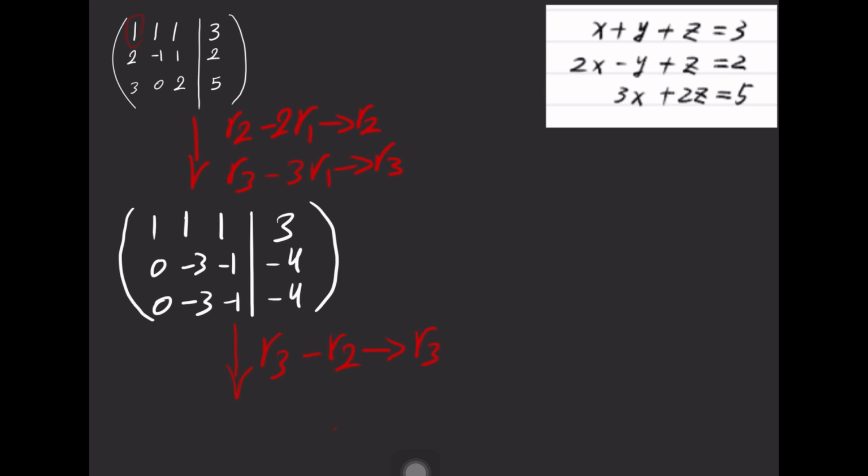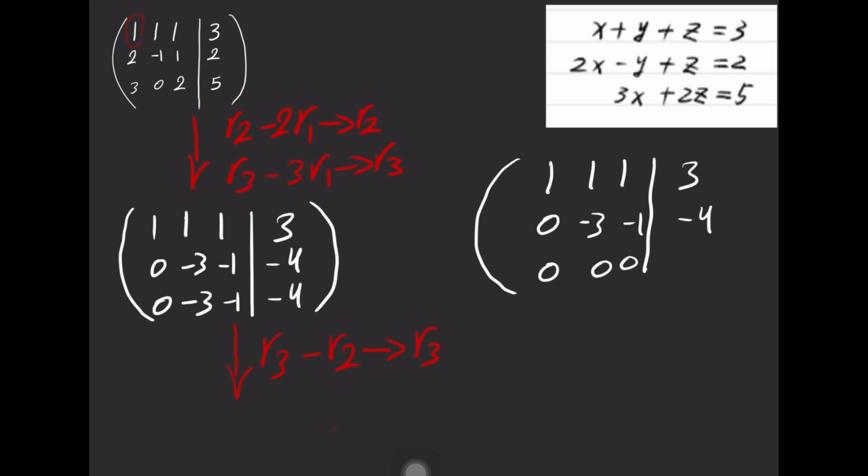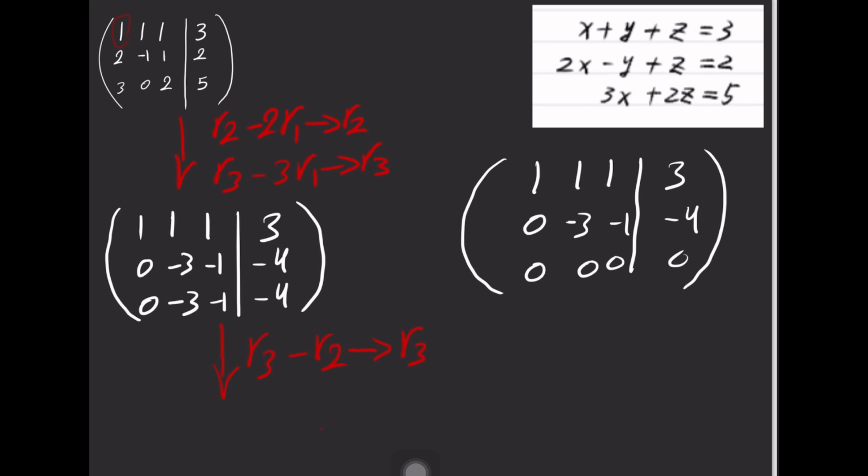And that will give us the new matrix as follows: 1, 1, 1, 3, 0, -3, -1, -4, and 0, 0, 0, 0. As we can see, we got rid of the last row, so the last row now is all zeros.